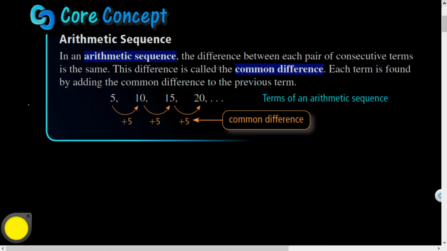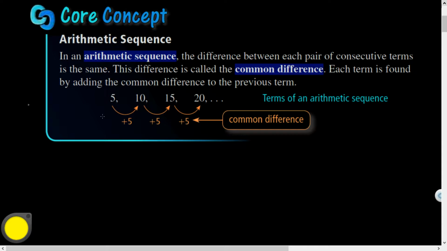So here's an arithmetic sequence. In an arithmetic sequence, the difference between each pair of consecutive, that means side-by-side, terms is the same. We might call this a constant rate of change, if I was thinking in terms of ordered pairs earlier. So every new term in my list is the same distance apart from the one before it as every other.